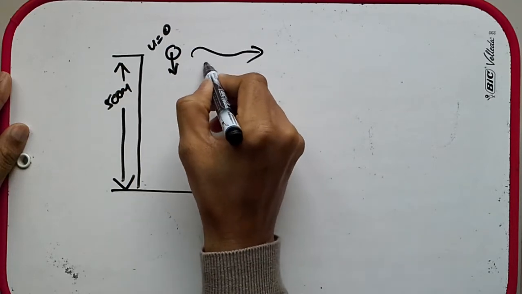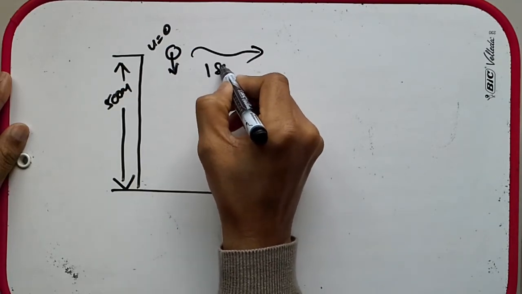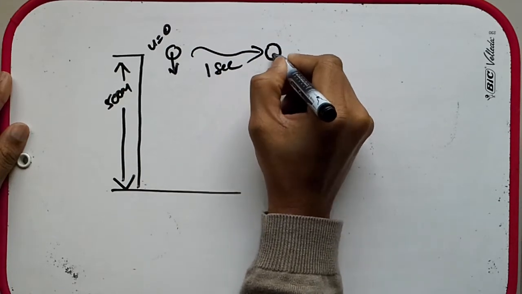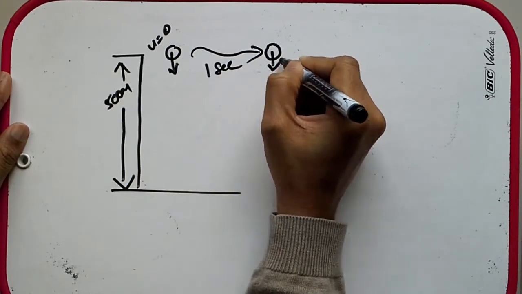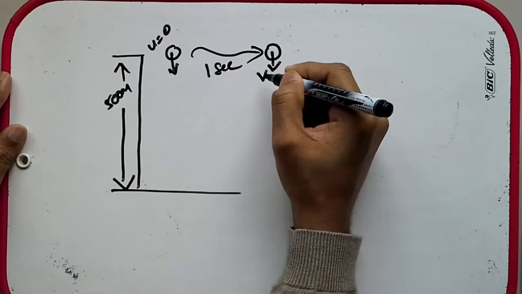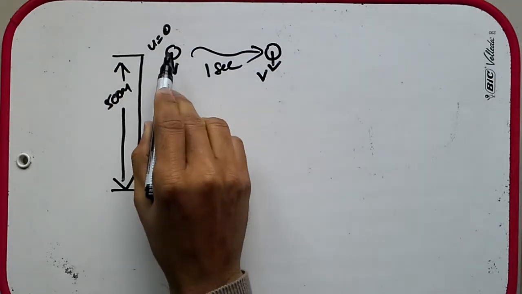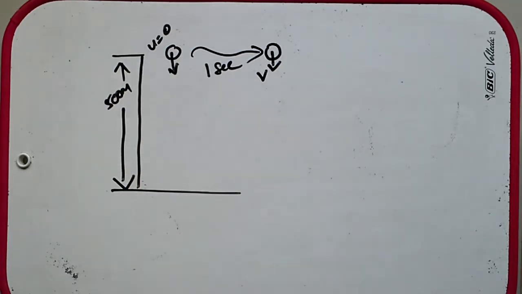After 1 second, you throw the second object with a velocity v downward. The first one you drop, the second one you throw with a certain speed.